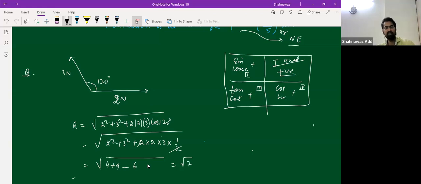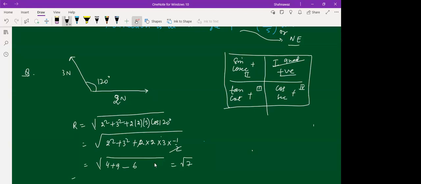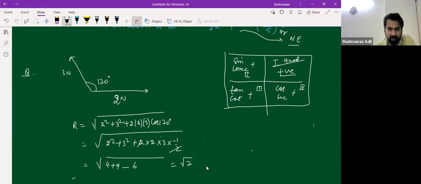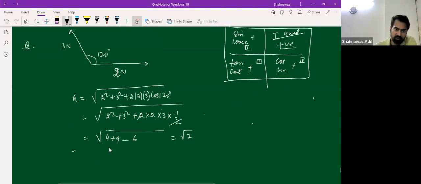So this is the magnitude, right, guys? And now you tell me what would be the direction. So please calculate and tell me what would be tan.